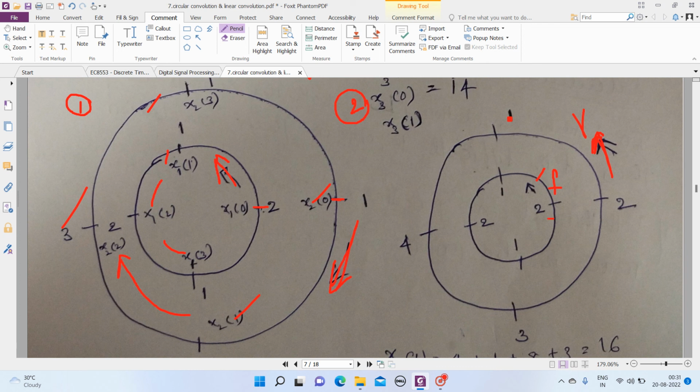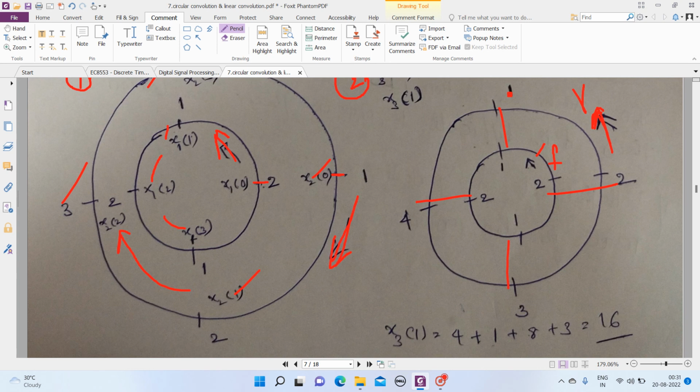After that I have to multiply these two numbers, then I have to add. 2 2s are 4, right? Then 1 1s are 1, so 4 2s are 8, 3 1s are 3.